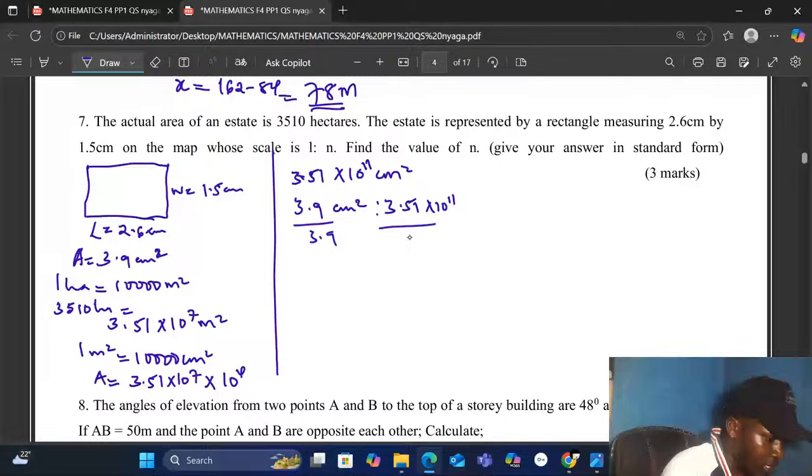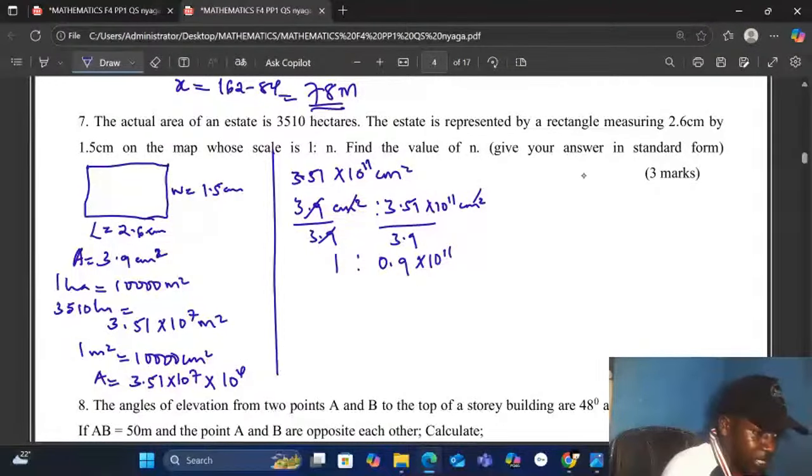Remember this is square centimeter, so the units cancel. Give your answer in standard form.